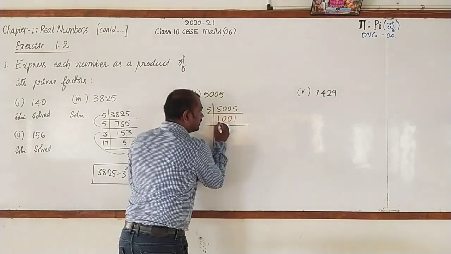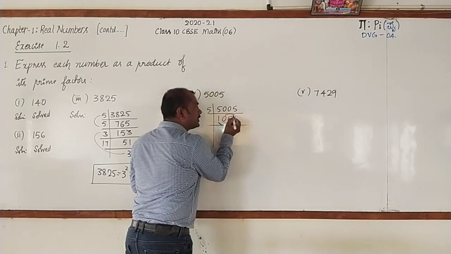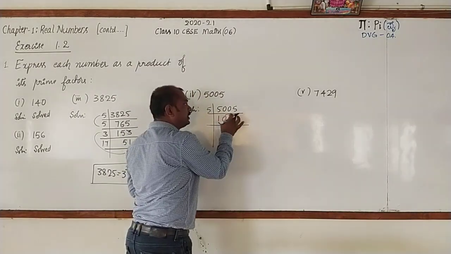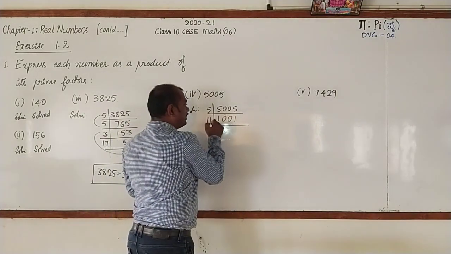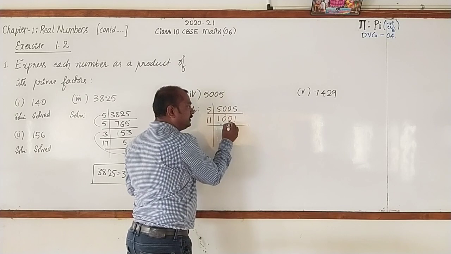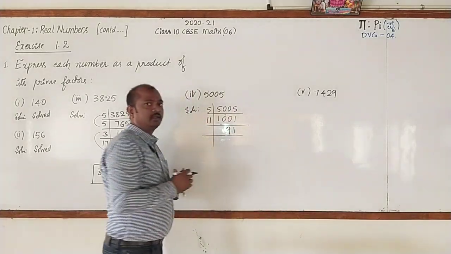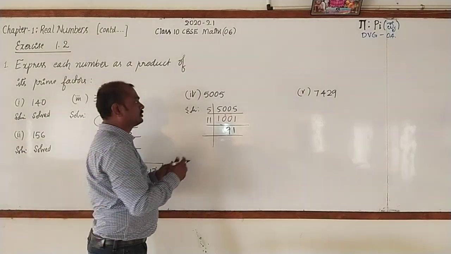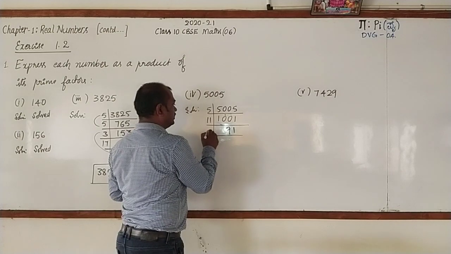See that here 1 plus 0. What is 1 plus 0? 1. Here this 0 plus 1. Again 1. What is 1 minus 1? 0. Hence it can be divided by 11. 11 nines are 99, 1 will remain. It becomes 11. 11 ones are 11. Now 91 is there. So 91 is a multiple of 13. What is that? 13.